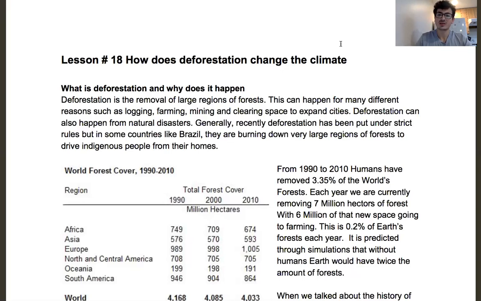Deforestation can also happen from natural causes. A hurricane, a massive flood, or a forest fire can wipe out forests as well. What's happening in Brazil right now is pretty shocking. They're actually burning down forests, which appears to be on purpose, to drive indigenous people away from their homes to take more power or to take over more land, which is absolutely terrible.